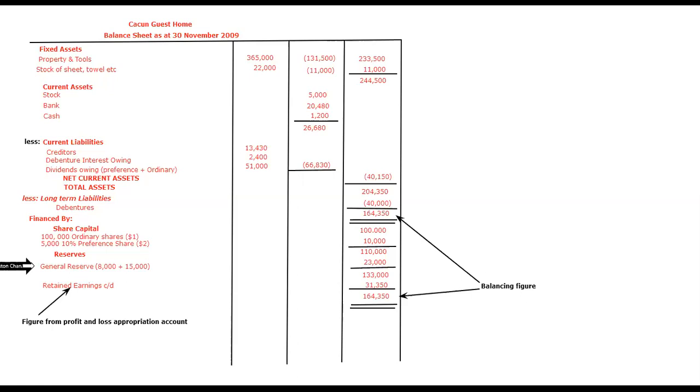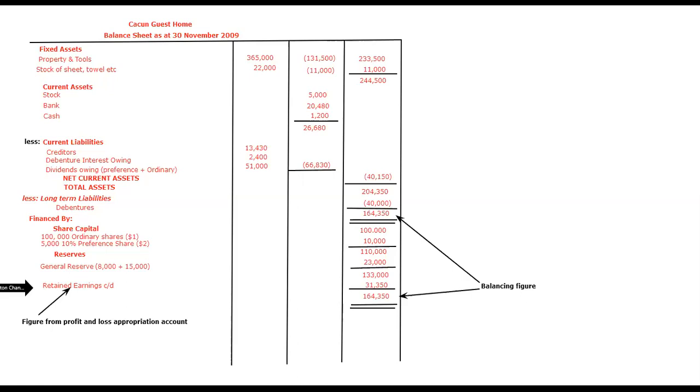We will add that because that's a form of capital. And then there's the surplus or profits that have been undistributed or retained. So we add that to our capital as well, just like how we would add net profit to our capital for sole traders. So this in summary is our balance sheet for this question.